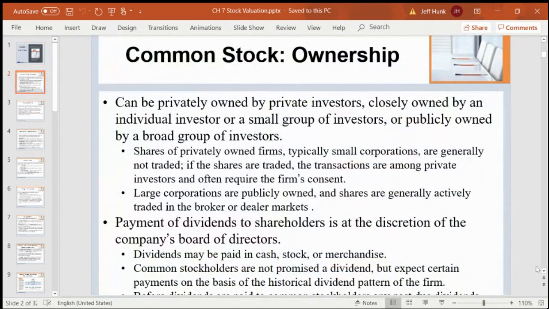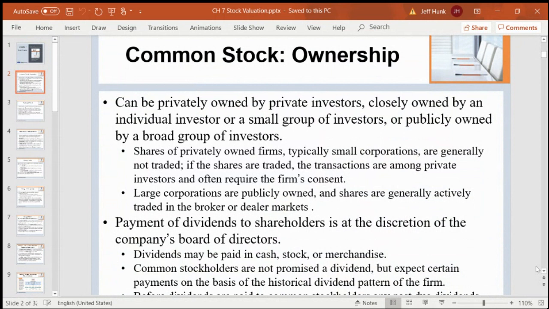So let's first of all make a very basic distinction. When we say stocks, there are two types of stocks actually: common stock and preferred stock.